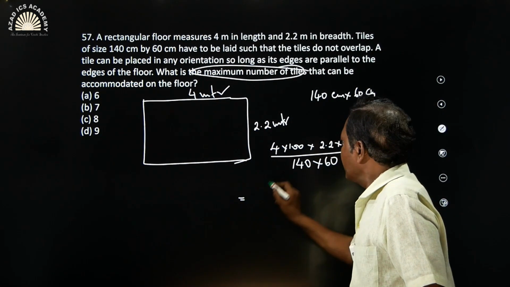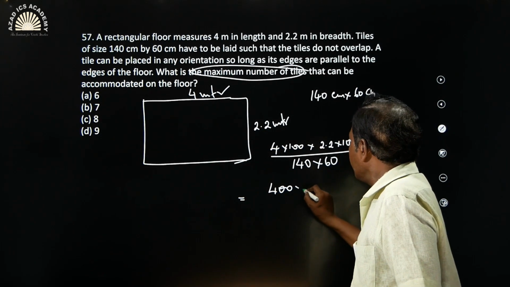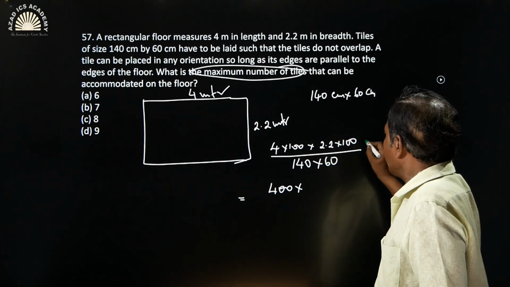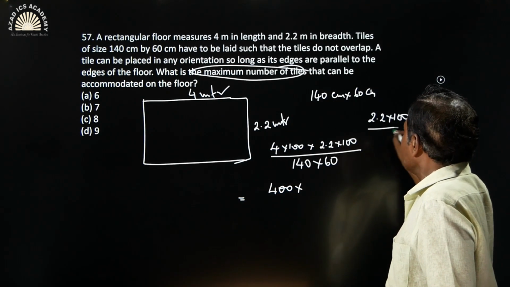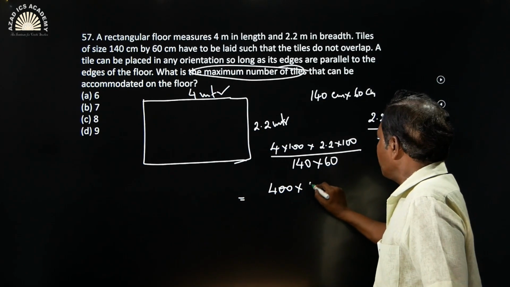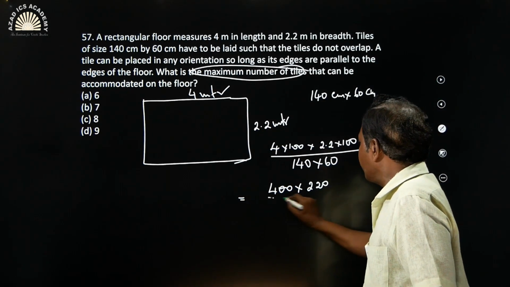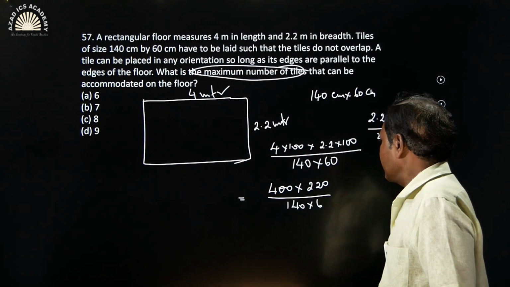Now let me write properly. 4 into 100 is 400, and 2.2 into 100 is 220, so 400 into 220 by 140 into 60.